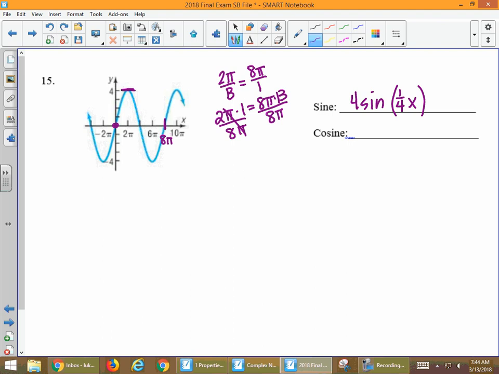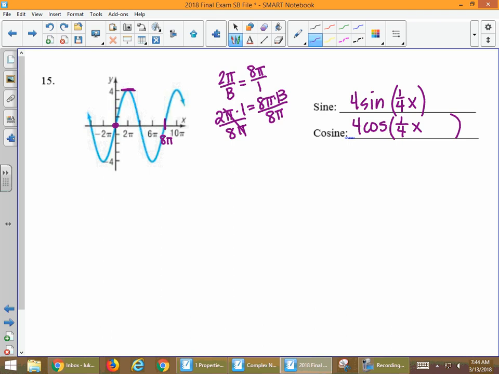Just like the last problem for our cosine equation, we're going to use each piece of the equation above. We're just going to have a phase shift. And the phase shift, we're going to deal with it just like we did for the last problem. So I'm going to write phase shift equals C over B, and I'm going to plug in my B value and my phase shift.